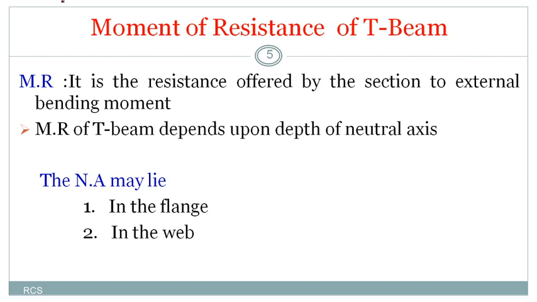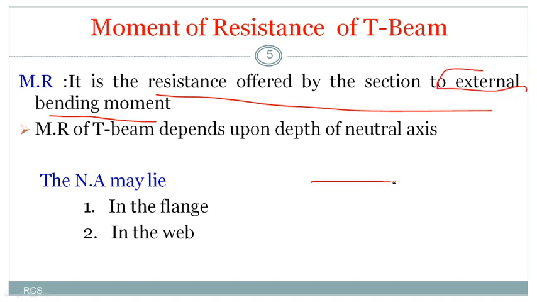Then we have to calculate the moment of resistance. What is the definition of moment of resistance? The moment of resistance is the resistance offered by the section against the bending moment, that is the external bending moment. Suppose any beam is subjected to a bending load of some W, it will give some bending moment.